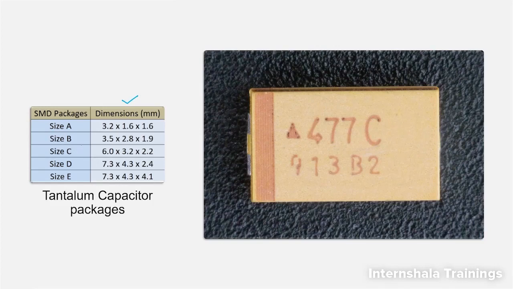Whereas in case of MLCC capacitor, we discussed that 0603, then 0805, then 1206 packages are very widely used, right? But in case of tantalum capacitor, there is nothing like that. It actually depends on the application requirement. Based on the amount of space that you have on the PCB, we go with one type of tantalum capacitor.